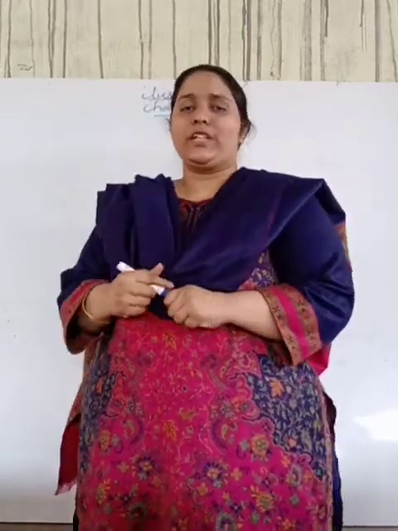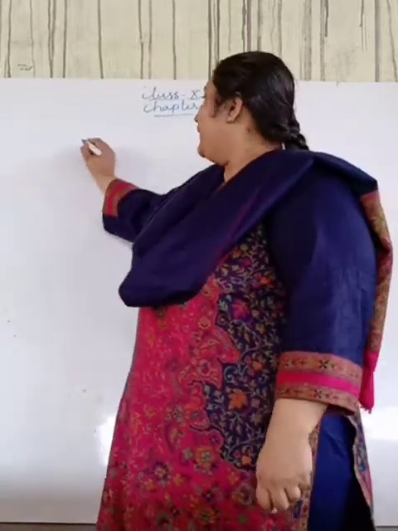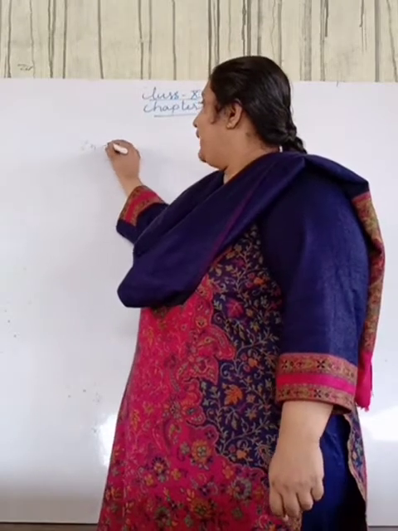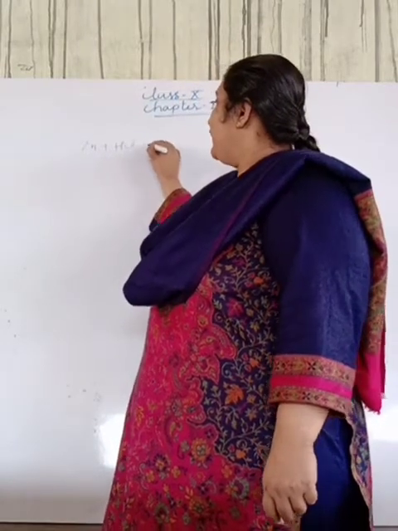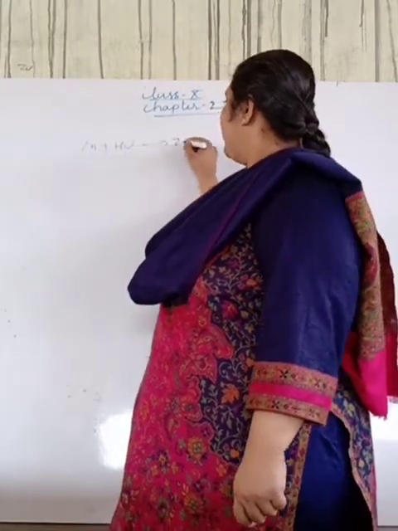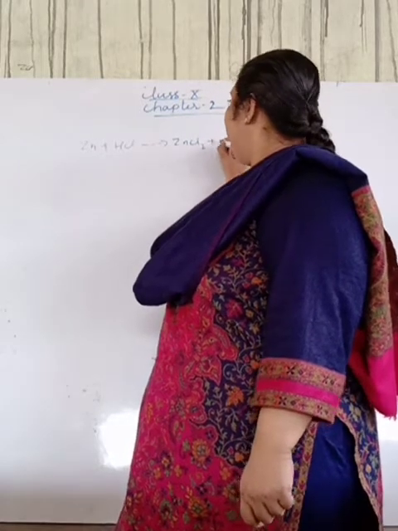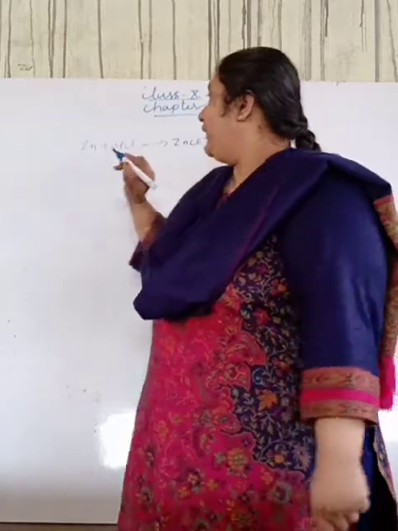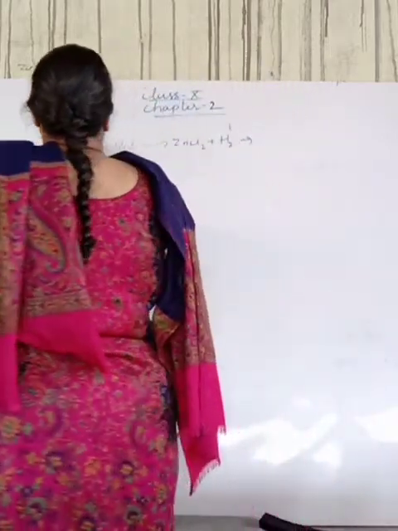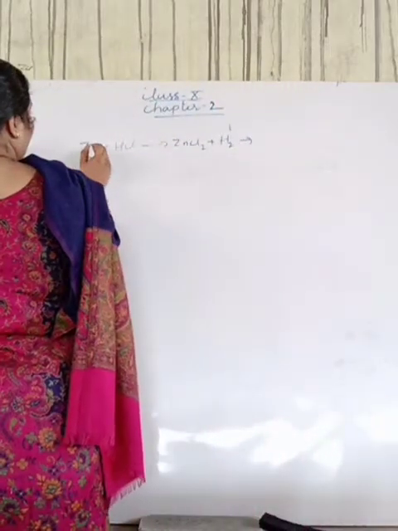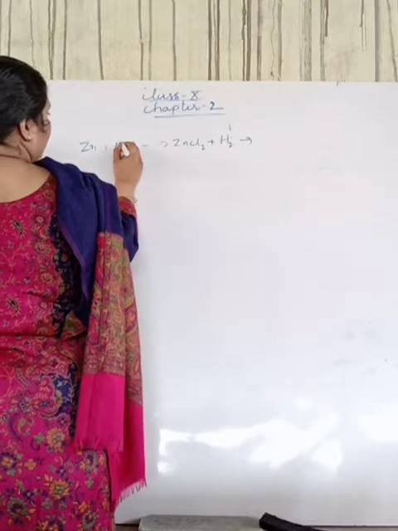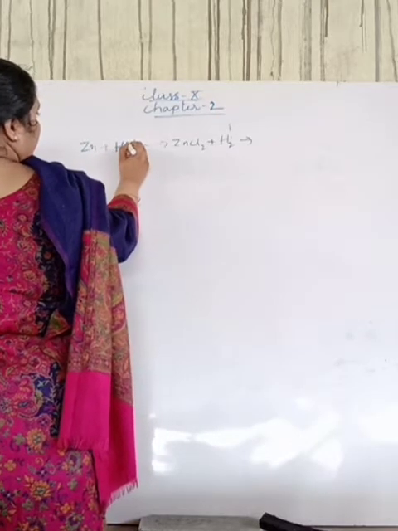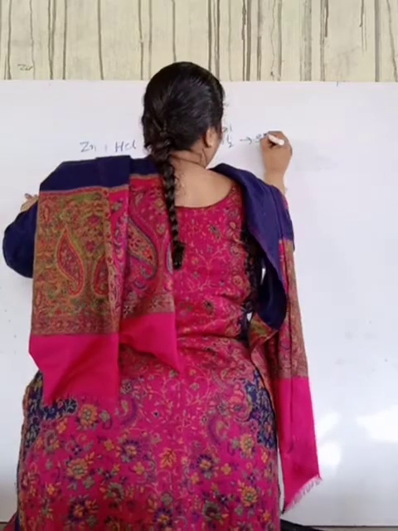Just now we have seen one example, that is Zn plus HCl gives rise to ZnCl2 plus H2. This is nothing but a skeleton equation.